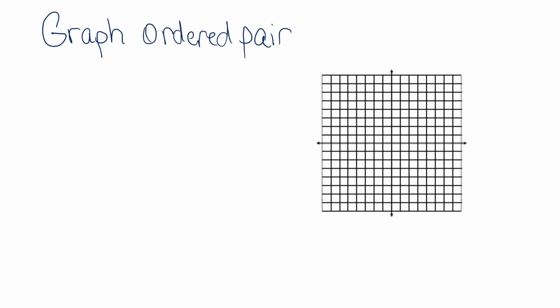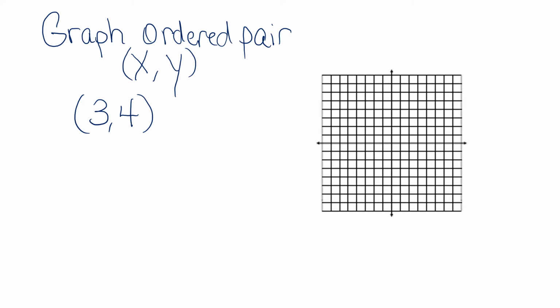Now we're going to work on graphing an ordered pair. So we're going to graph the ordered pair 3, 4. Let's talk about your ordered pairs. Ordered pairs are always in the form of the x and then the y.